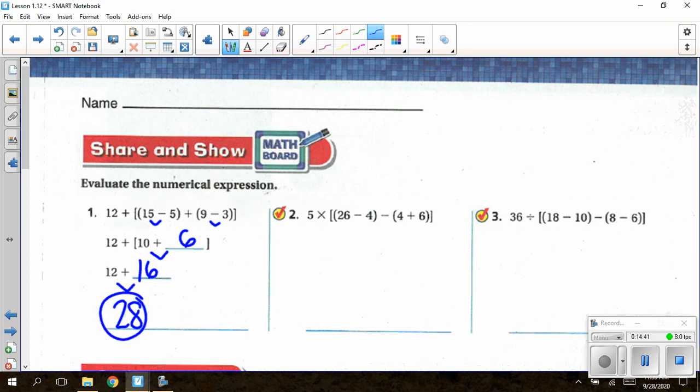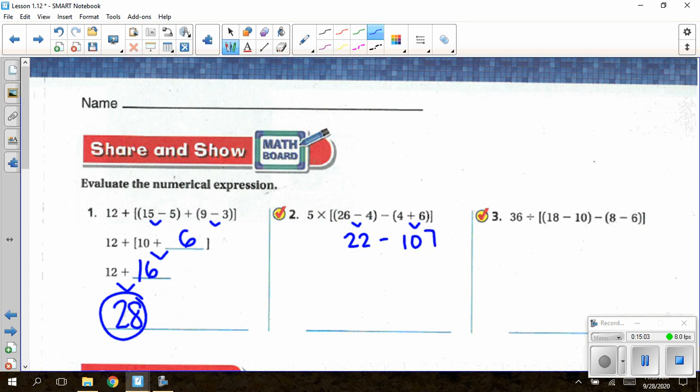For number 2, again, we work from the innermost grouping symbol to the outside. So the parentheses would be our innermost grouping symbol, and I can solve both of them in the same step. So I have 26 minus 4, which we know is 22, minus, and then my 4 plus 6 would equal 10.